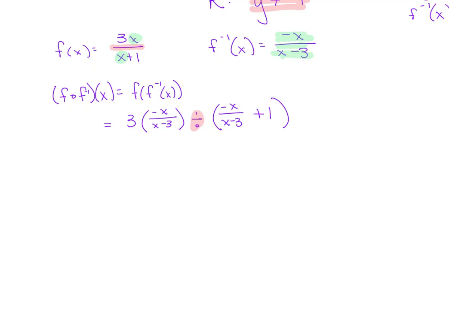All right, so now we want to simplify this. The first thing I'm going to do is the numerator: I'm going to move the 3 up to the numerator, and we get negative 3x over x minus 3.